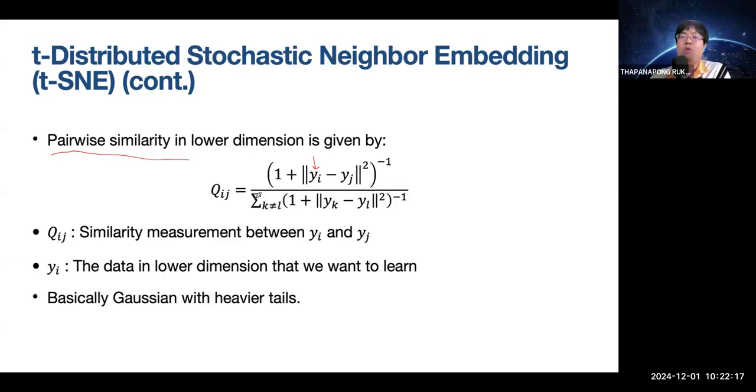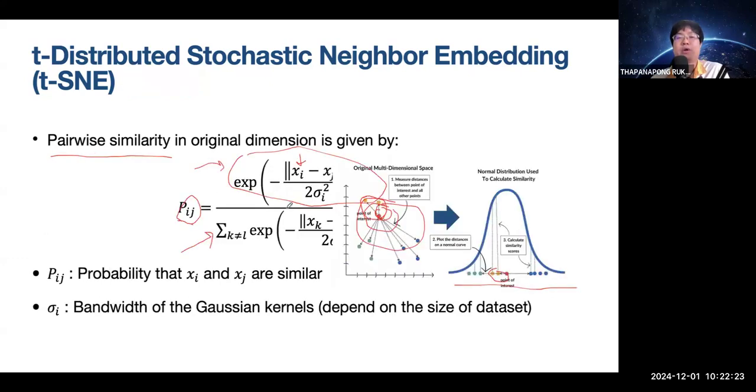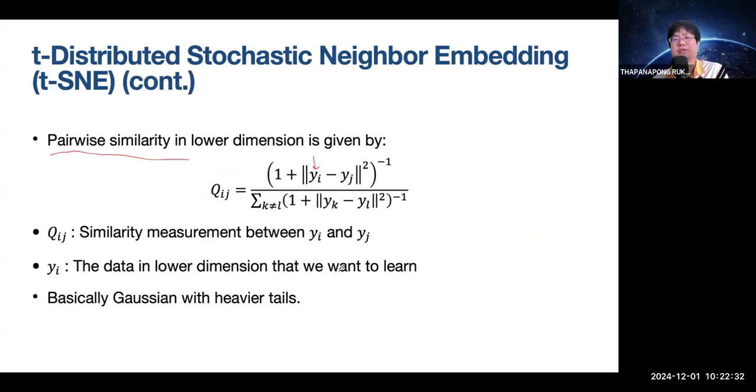So when we define the similarity, we do it the same way, right? We compute the probability that two points are the same, and then you divide it by the normalization. Here it is similar. The top part would be the probability that yi and yj are the same.